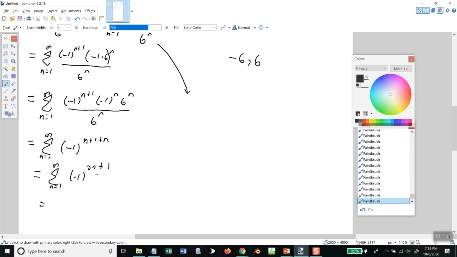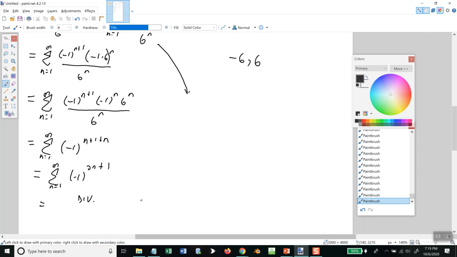It diverges then, doesn't it? It doesn't approach anything. Because if that's always odd, this is a negative. This keeps getting smaller and smaller. Yes, that diverges.